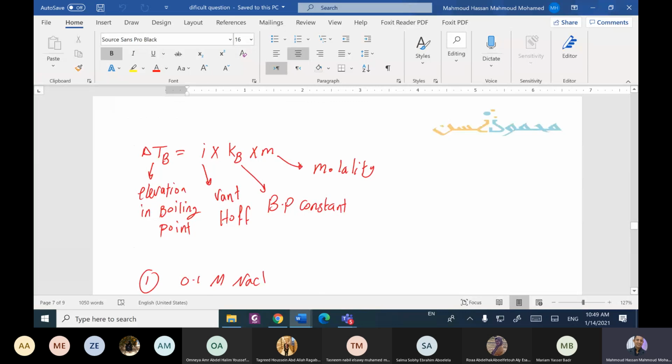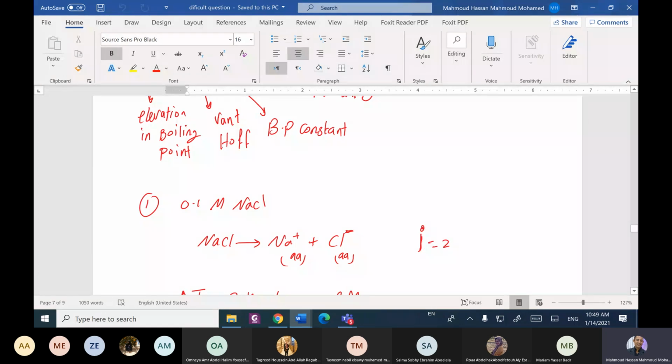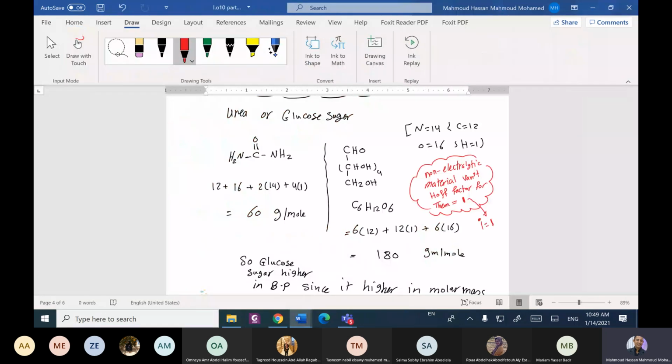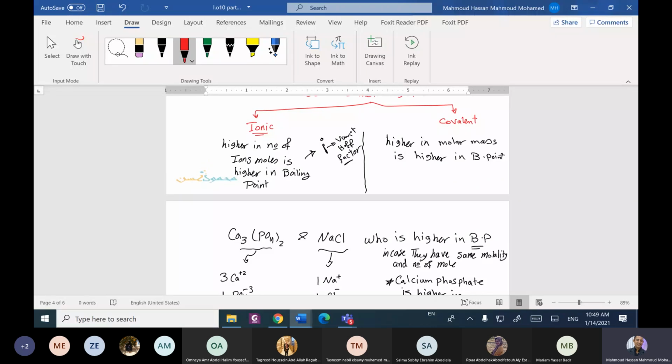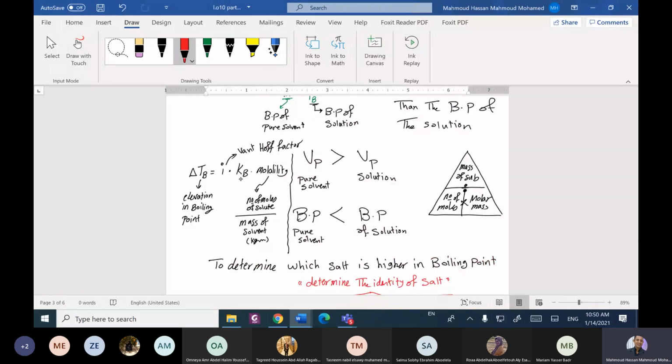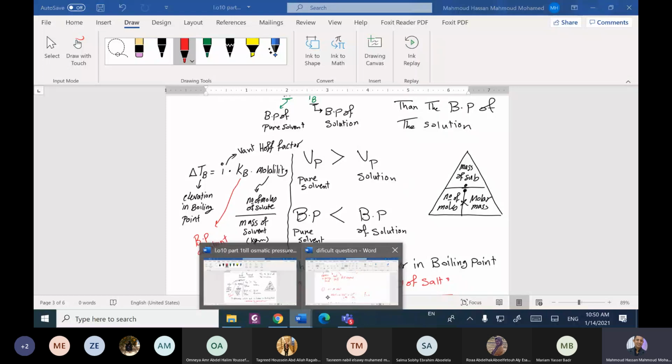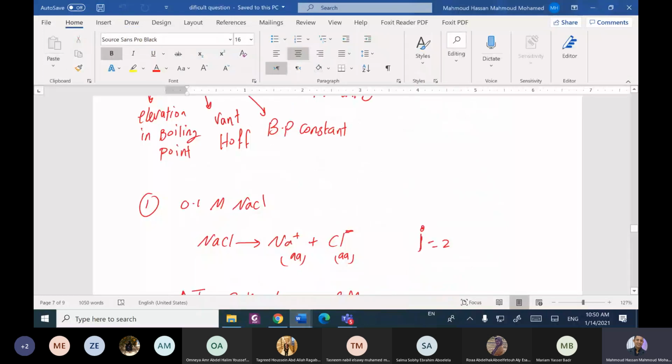Firstly, delta TB equals i times Kb times m, where Kb represents the boiling point constant and m represents the molality. Firstly, the sodium chloride.